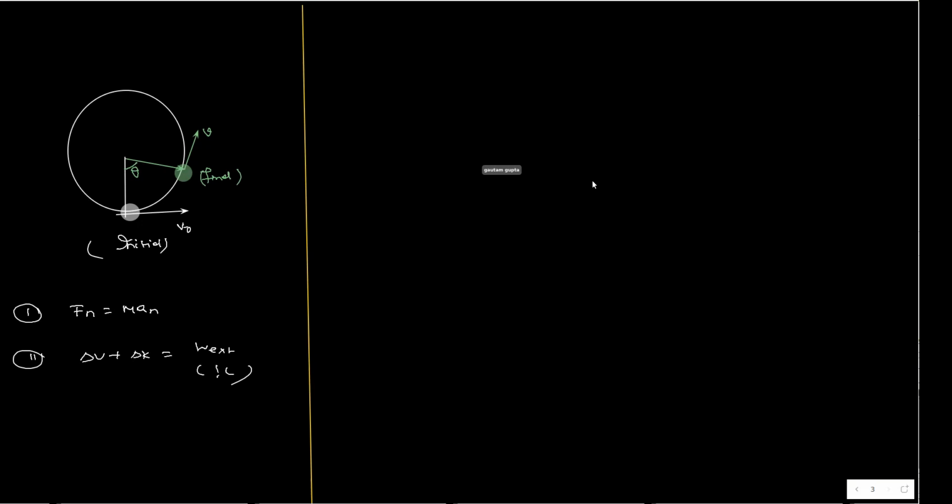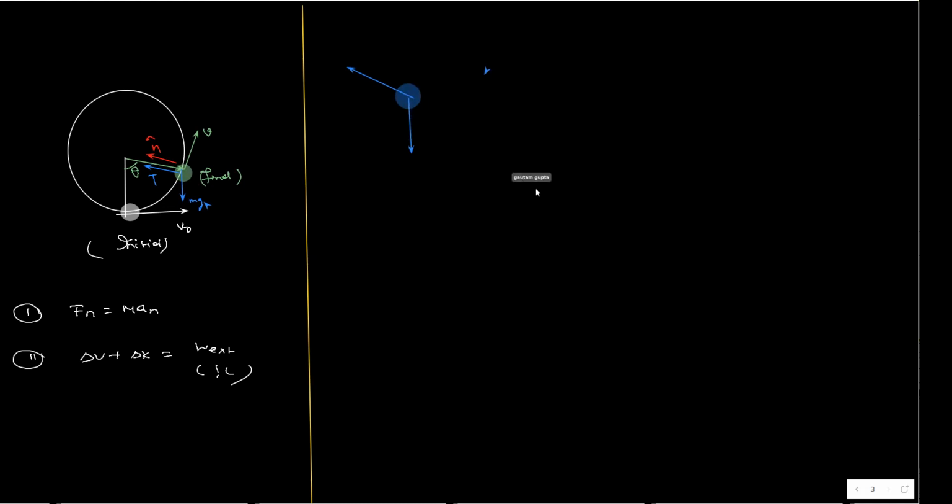For the first equation, first you identify the n cap direction. The n cap direction is towards the center. After that, you draw the free body diagram. The free body diagram will involve mg here and tension T towards the center.